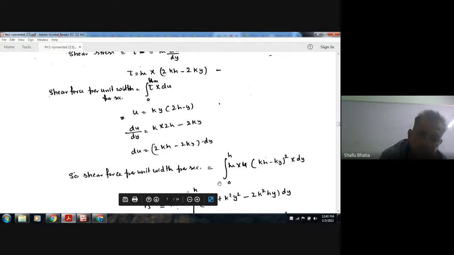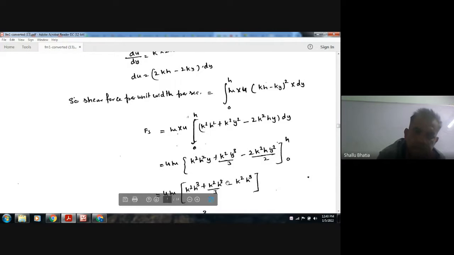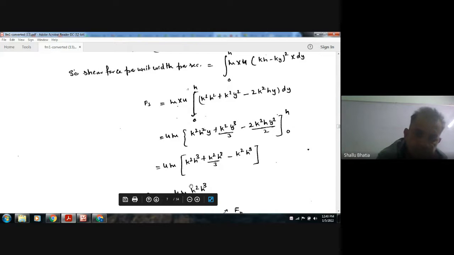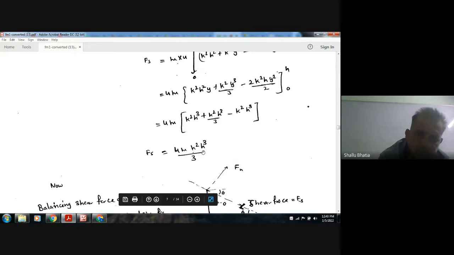So this is the shear force: mu k square h cube by 3.